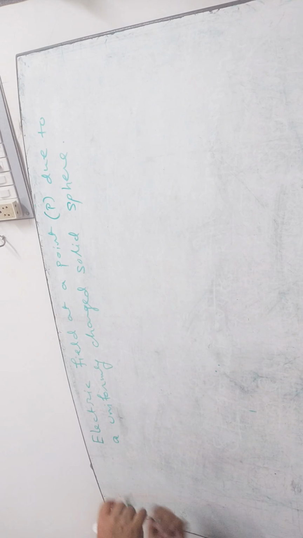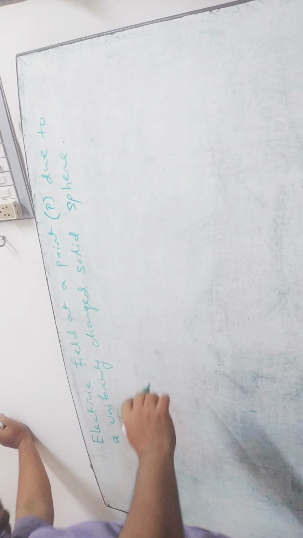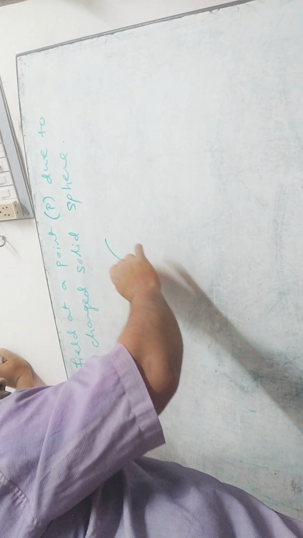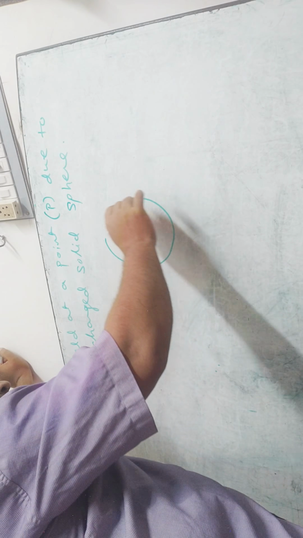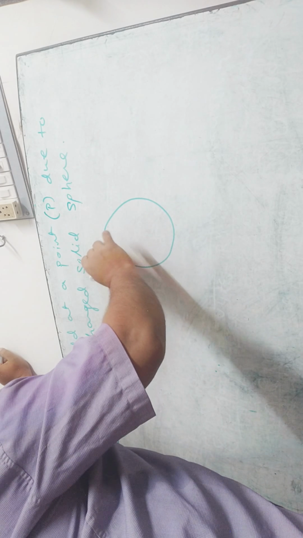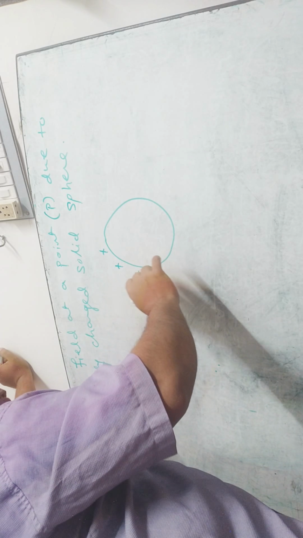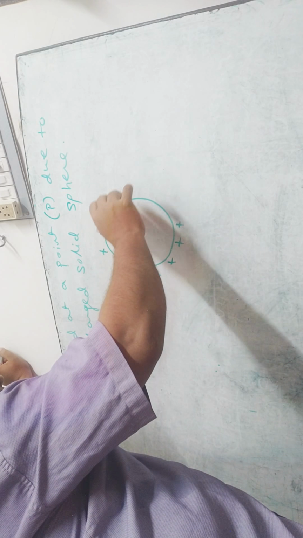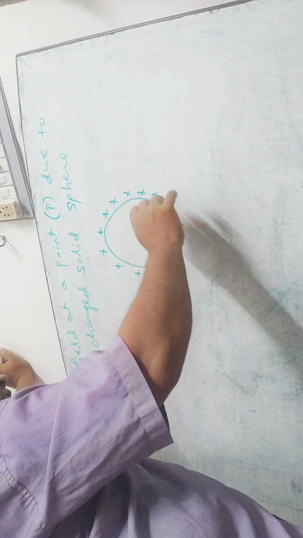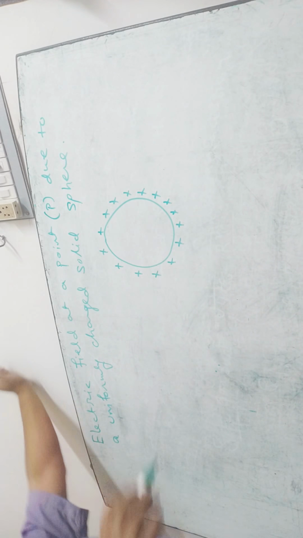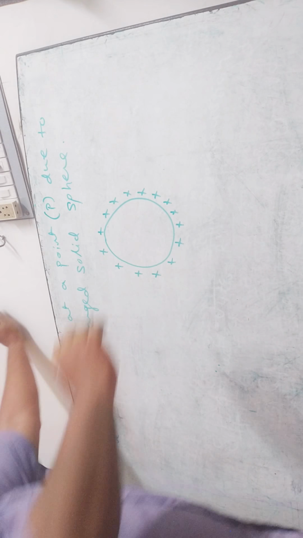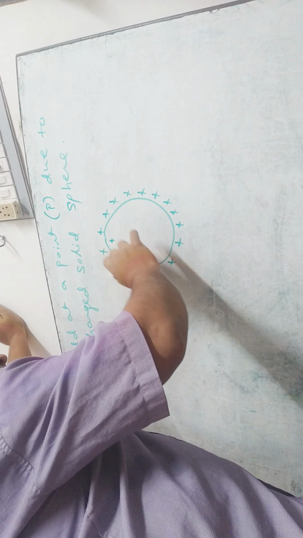Let us consider a solid sphere which is uniformly charged, and the charge density, that is charge per unit volume of the sphere, is rho.